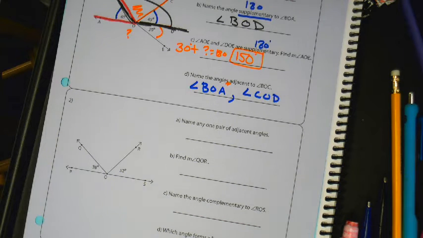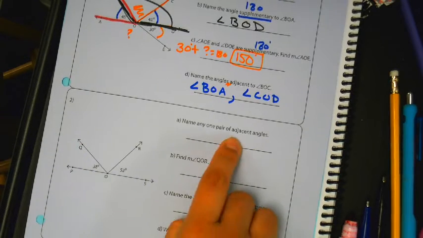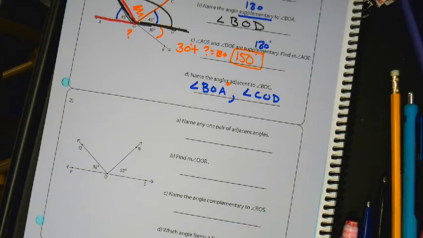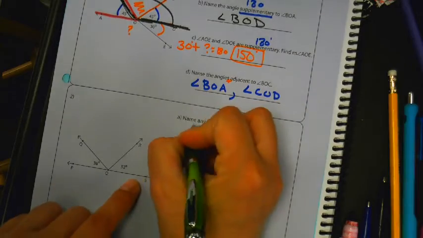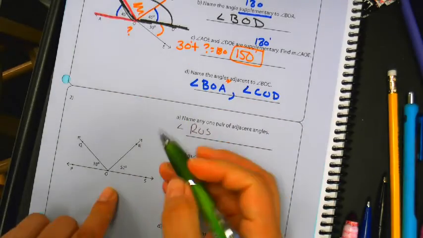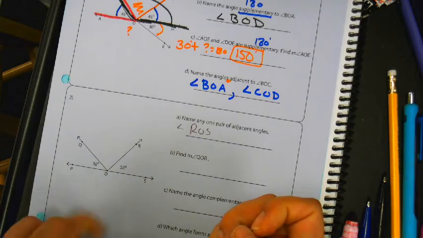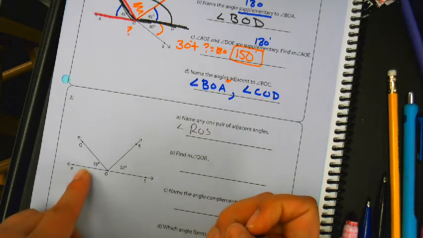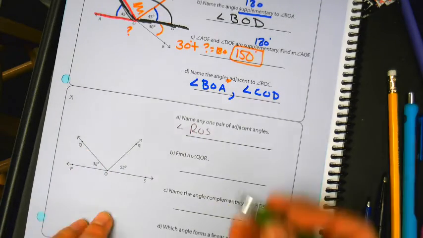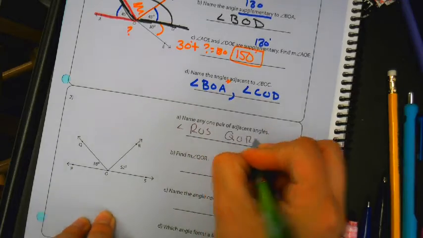Adjacent means next to. So which 2 angles are next to each other? ROS and QOP. ROS. So let me write that down. ROS. And what's next to ROS? QOP. No. QOR. They have to share a line.